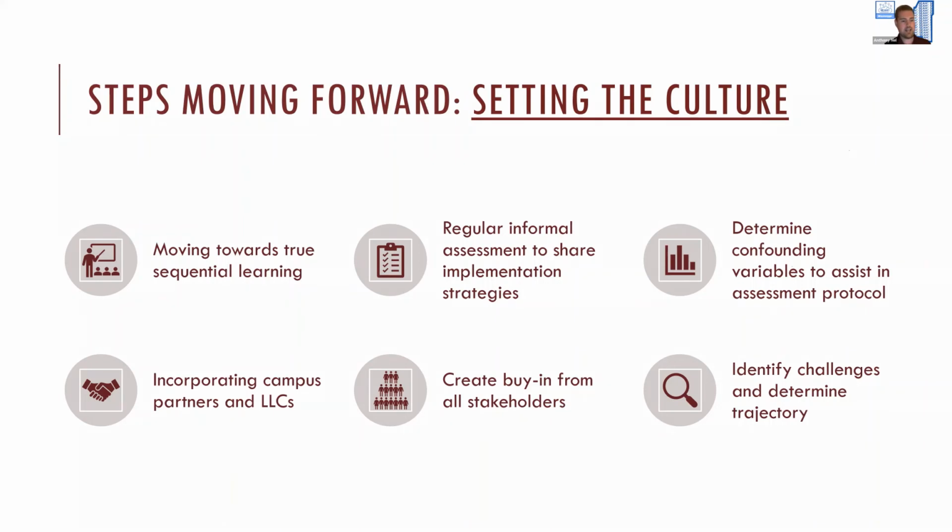Stephanie also touched a lot on our campus partners, as well as creating buy-in. But one thing that we are trying to continue to do is making sure we're identifying challenges, continuously seeing what isn't working, and then what trajectory we can take to address those challenges to make sure we are continuing to improve our curriculum, both the content and the implementation.